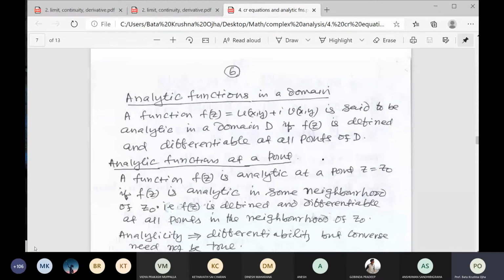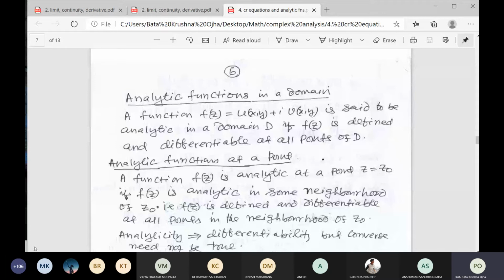So here the function f of z is analytic at the point z is equal to z0 if the function is differentiable at z0 as well as differentiable at each and every point in some neighborhood of z0. Then we say that the function is analytic at that point.